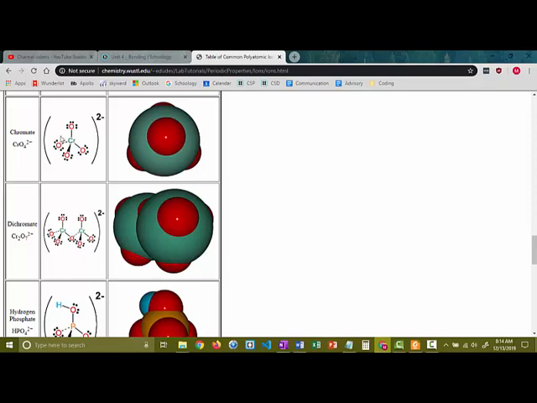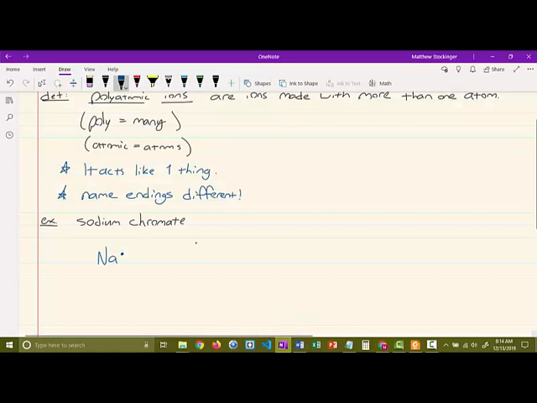Chromate, for example, has a chromium atom bonded to 4 oxygen atoms. And that whole big clump, pictured here, has a -2 charge, right? This whole clump wants to accept 2 electrons. It will take 2 electrons to form. It acts like a single thing.